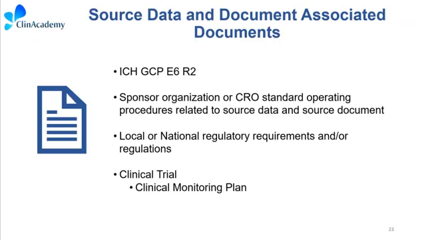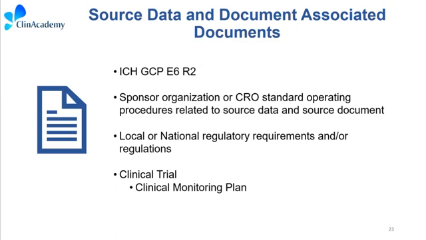Now, what are some of the documents associated with source data and source documentation? You can find them in particular to the requirements in ICH GCP E6 R2. You can also find the operating procedures of your sponsor or your CRO organization related to source data and source documents.